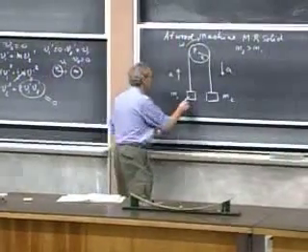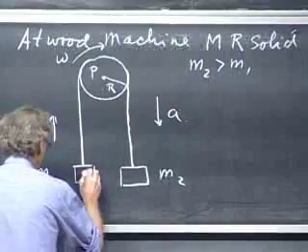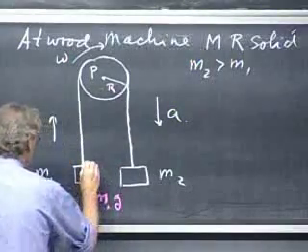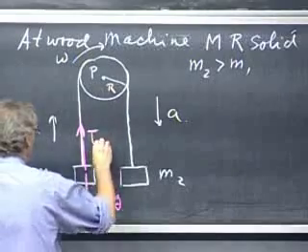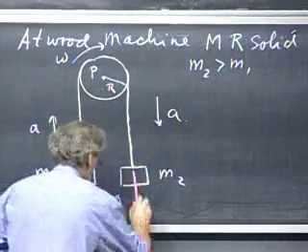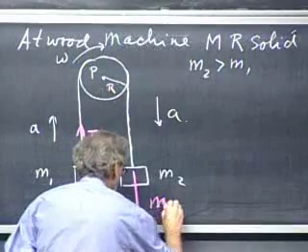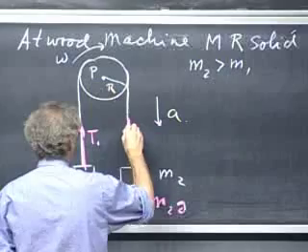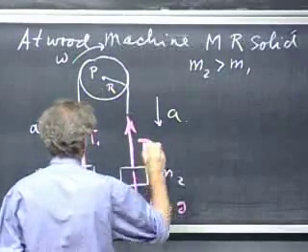Free body diagrams for this one is easy. M1g down and T1 up. For this one, we have M2g down and we have T2 up.